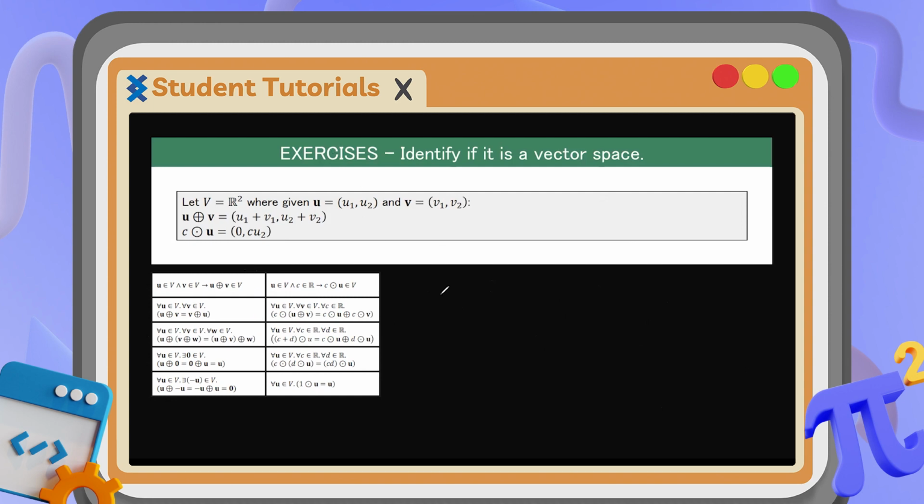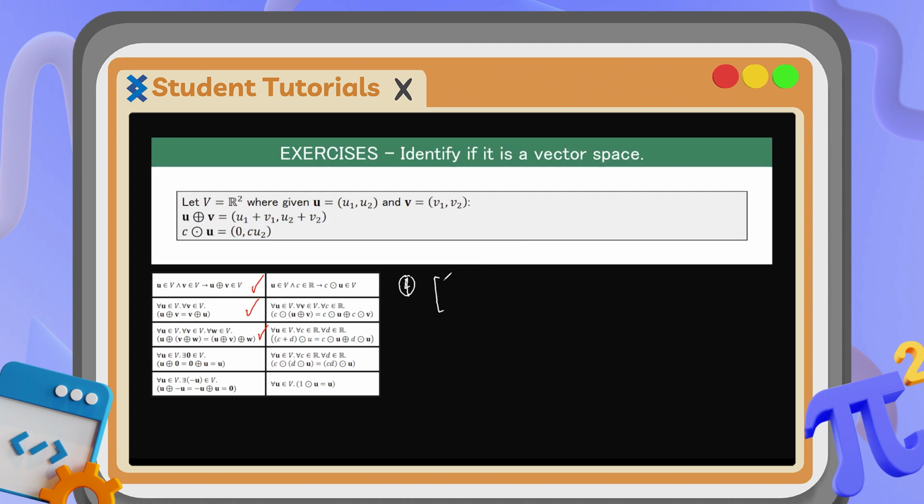So next, we have item number 4, which is on the 0 vector of R2, or this vector space, if it is a vector space. So we want to find some vector 0, which is the 0 vector, that when we add them together, gives us the same answer.